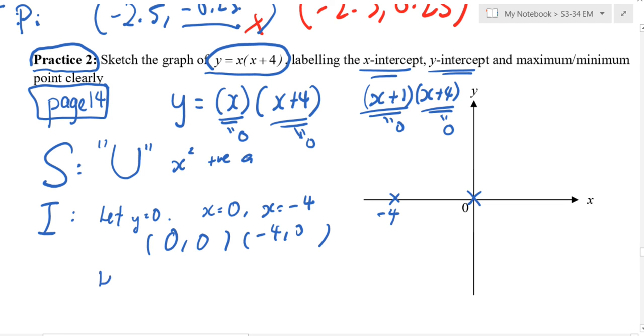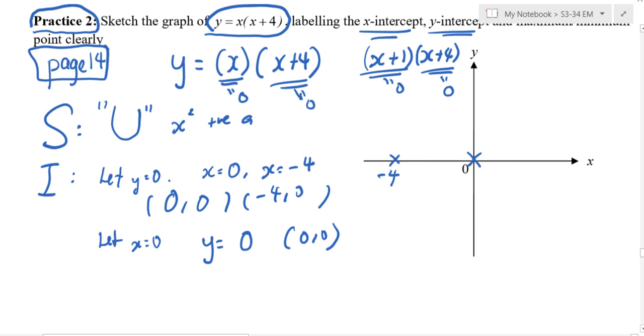I want to find the y-intercept, let x be 0. Y equals to 0. What's the coordinate? 0, 0. What happens if they repeat? Repeat, it's okay. 0, 0. Now next, I. What's after I? L. How to find L?